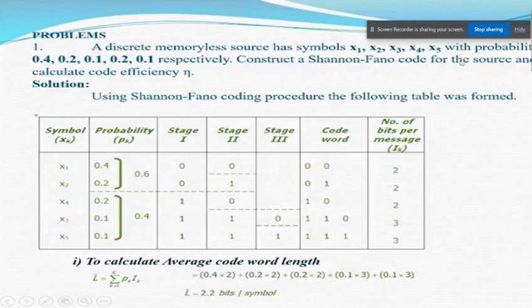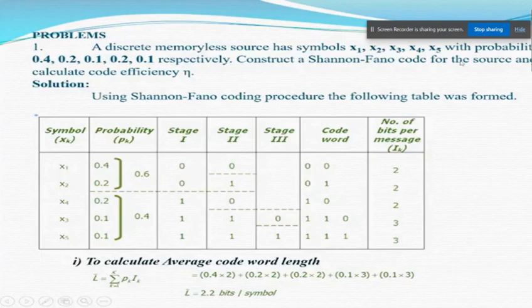We arrange the probabilities in decreasing order, and the sum of the probabilities is equal to 1, which is a very well known formula.